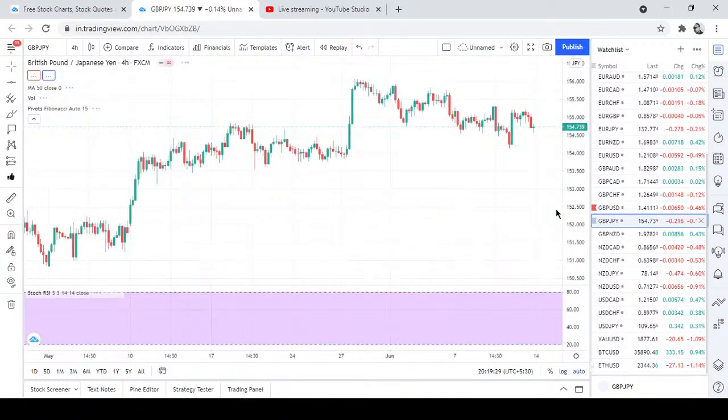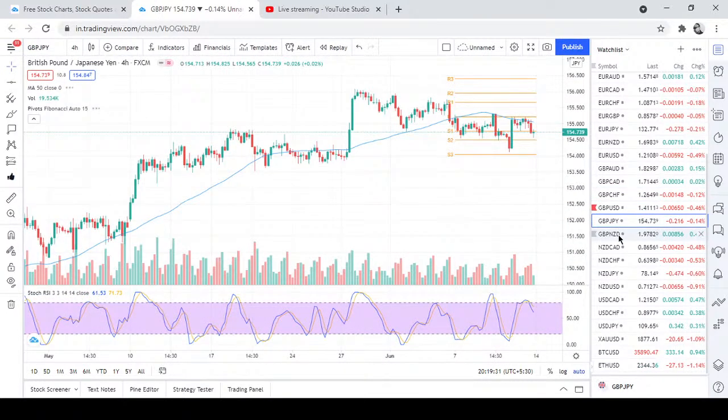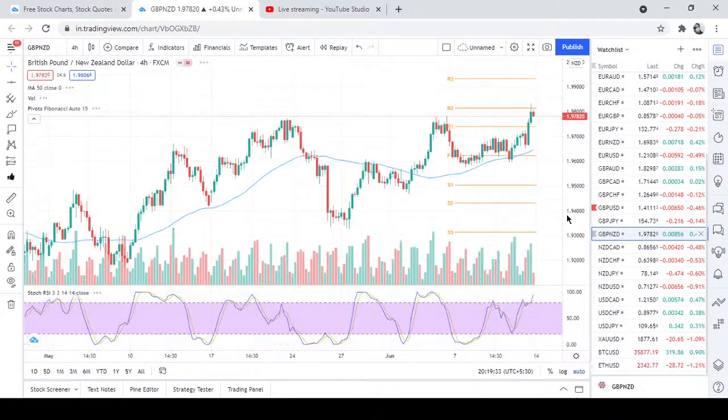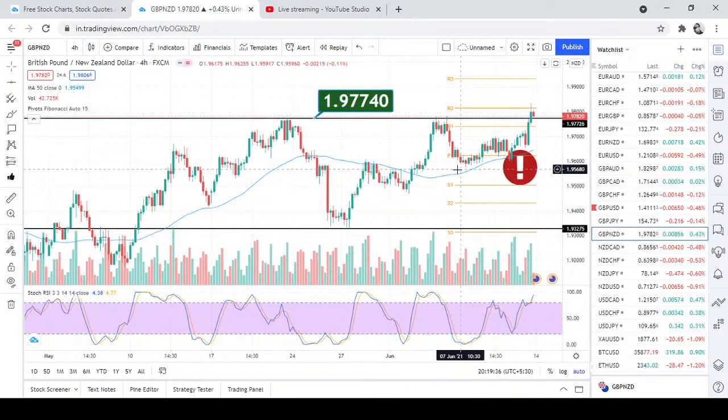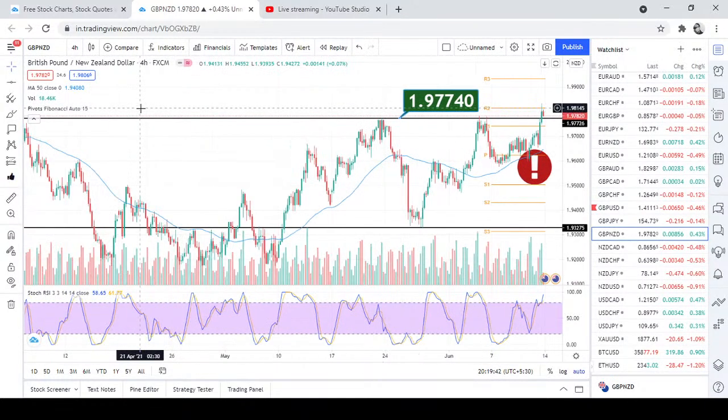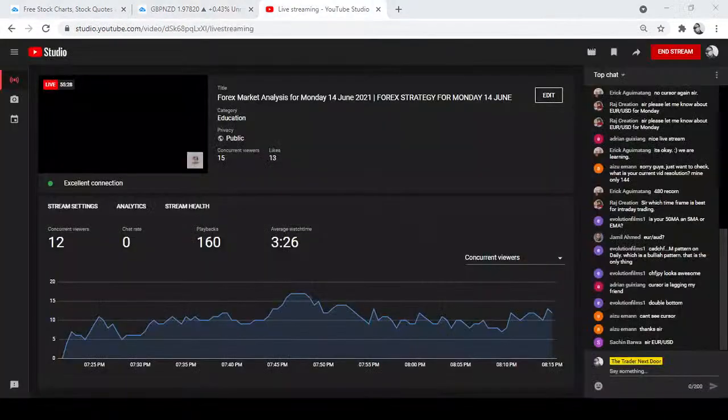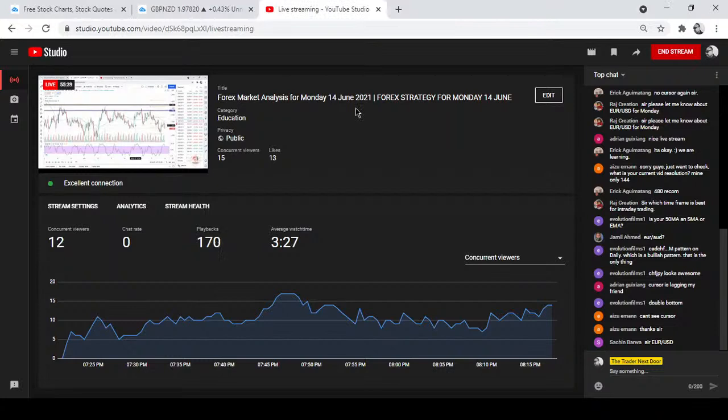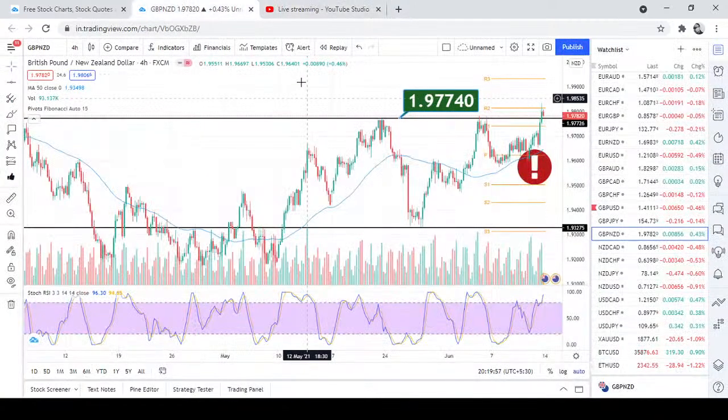GBP JPY, I have already uploaded a video. Let's switch to GBP NZD. This chart looks good. British pound, New Zealand dollar, and overall the market is in an uptrend.